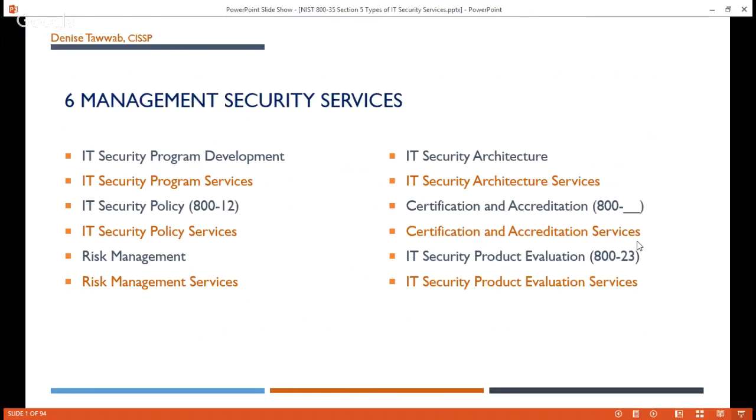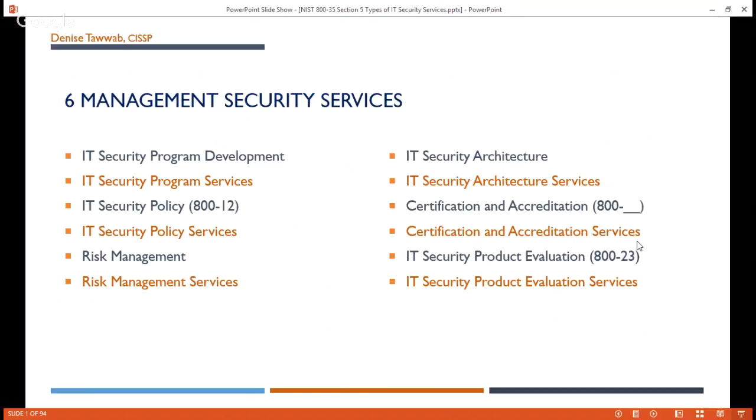Okay, there are 6 management security services that we're going to talk about. There's IT security program development. That's your highest level service. You've got to stand up an IT security program. The next is your IT security policy. Then there's risk management, IT security architecture, certification and accreditation, and IT security product evaluation.